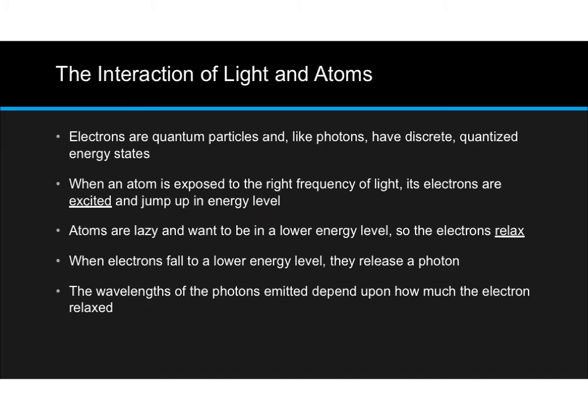As soon as any light source is removed, we'll keep in mind that atoms are lazy and always want their electrons in the lowest energy level possible, the ground energy state. So electrons relax or emit a photon. When electrons fall to a lower energy level, they release photons of light. The wavelength of the photon that's emitted depends upon the size of the jump that electrons made.